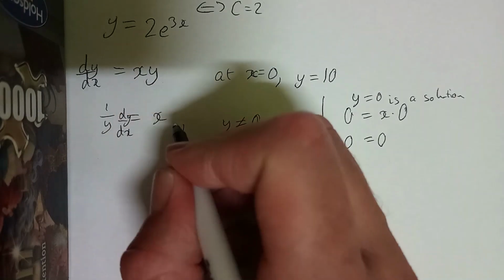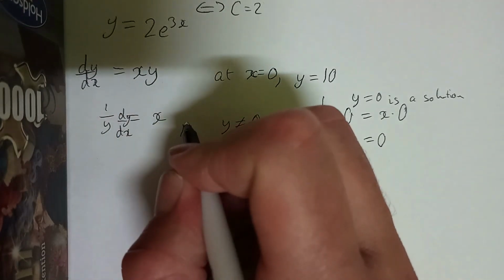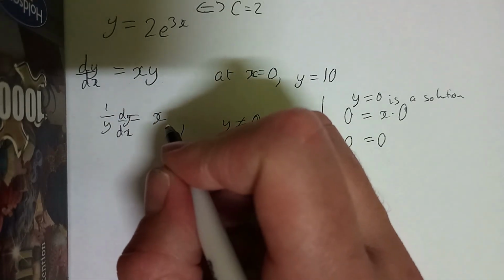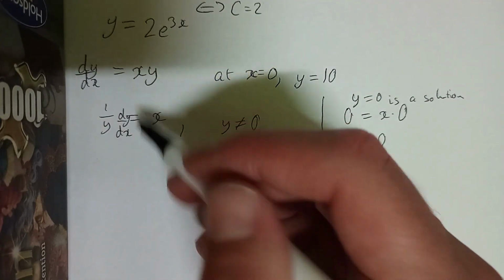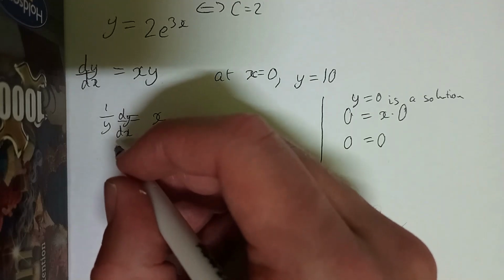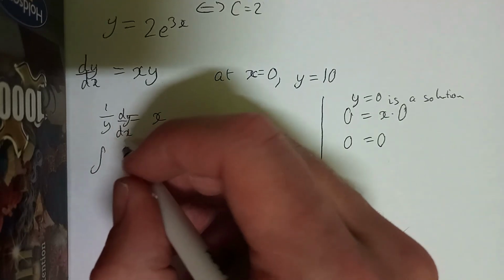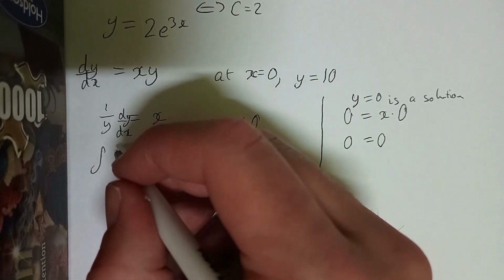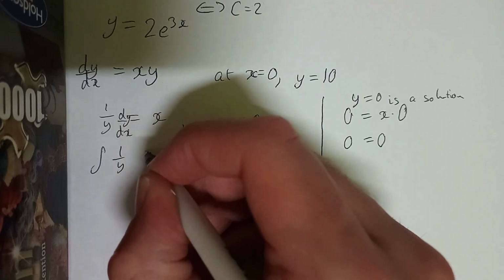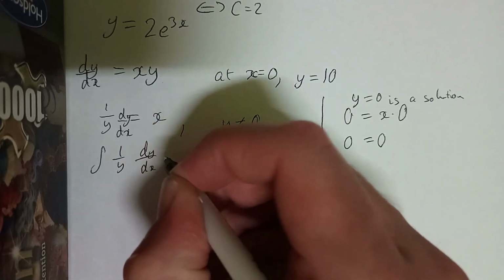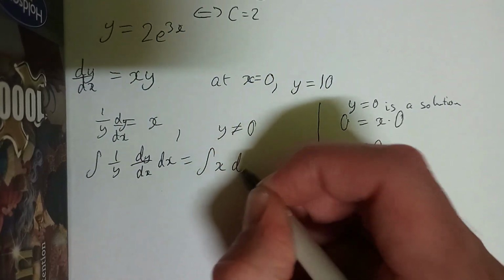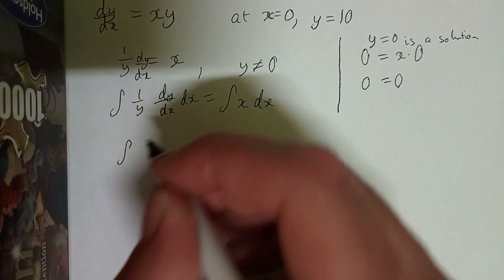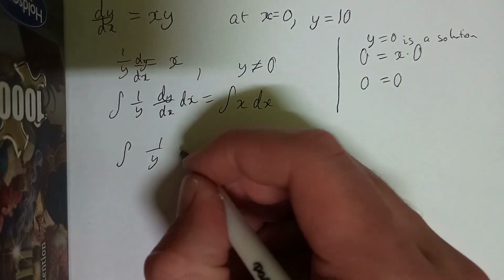Okay, so I'll continue to solve this differential equation by the same technique as before, using the separable differential equations technique. Well, I've already separated, so we can just integrate through with respect to x. And that then becomes the integral of 1 over y with respect to y.